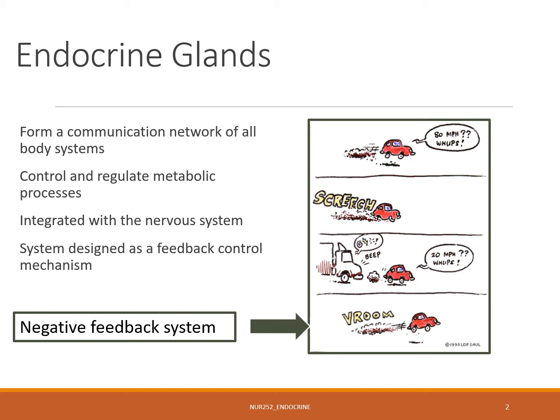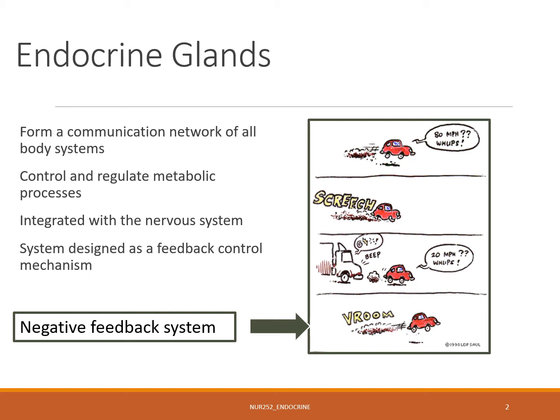The endocrine glands form a communication network linking all body systems. Hormones from these glands control and regulate metabolic processes such as energy production, fluid and electrolyte balance, and response to stress. This system is closely linked with the nervous system.